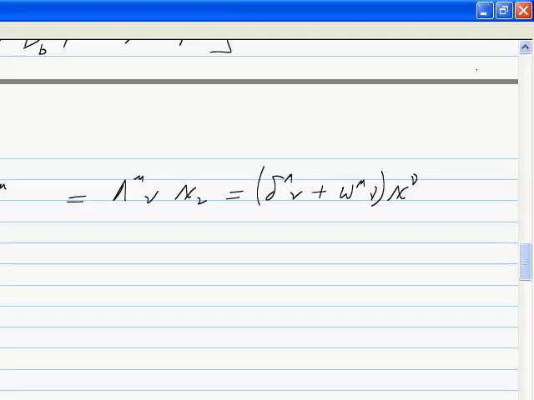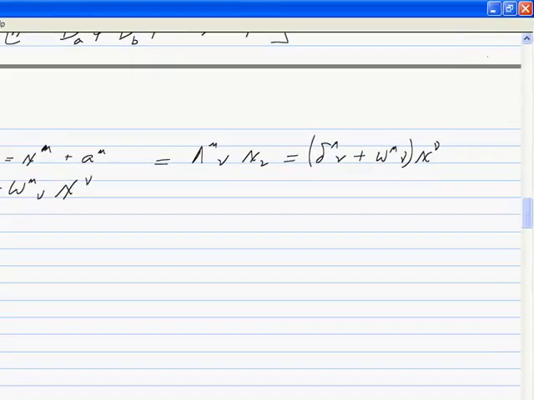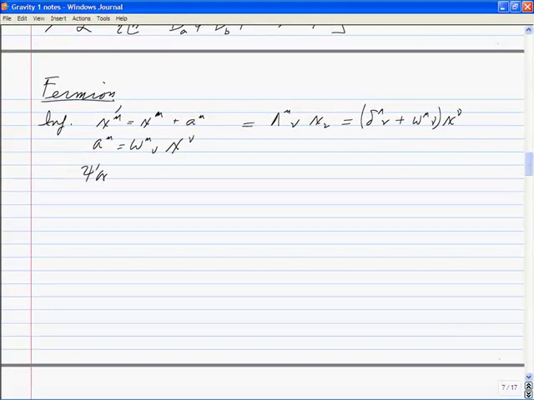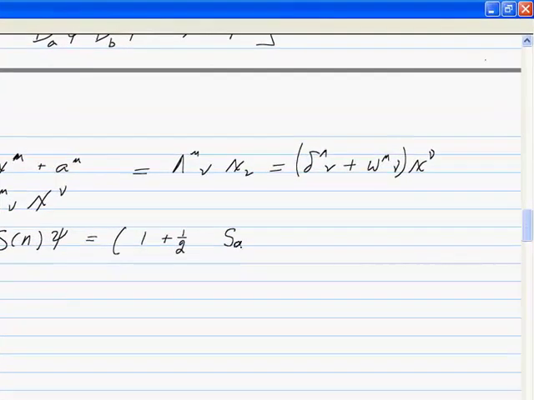So we have this coordinate transformation, but we're also going to then require psi prime is going to be f of lambda psi, which is 1 plus 1/2 S_AB. I'm going to define this notation S_AB here.